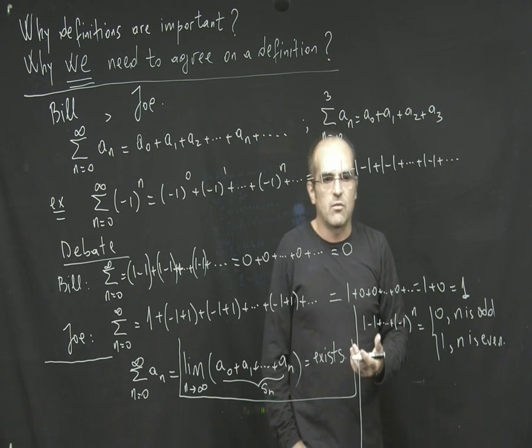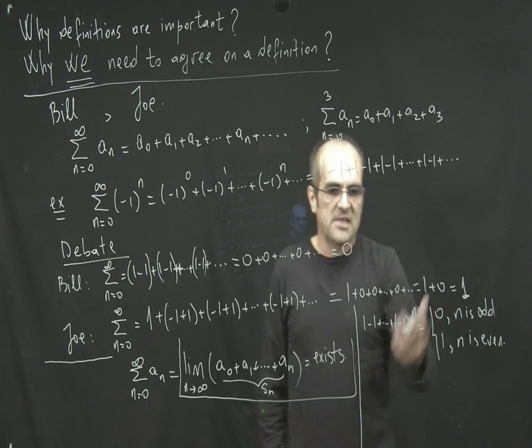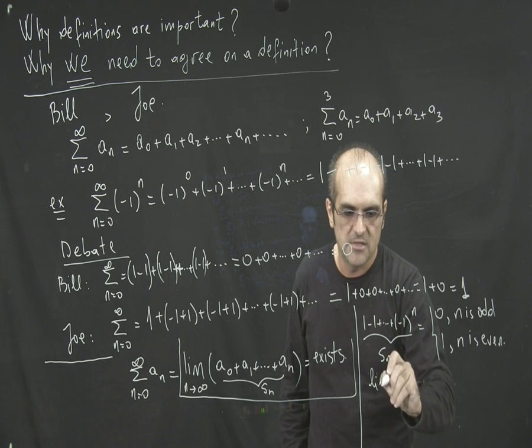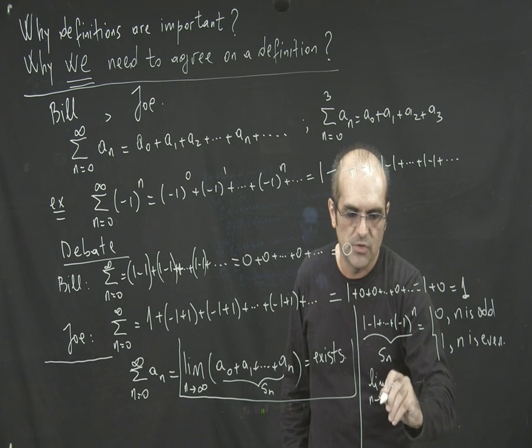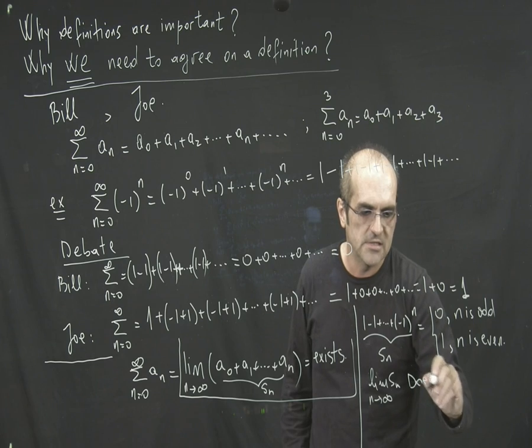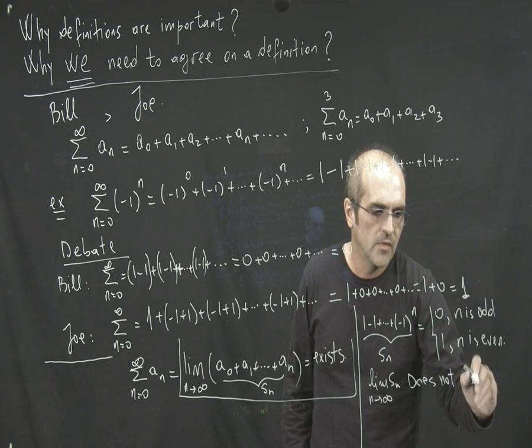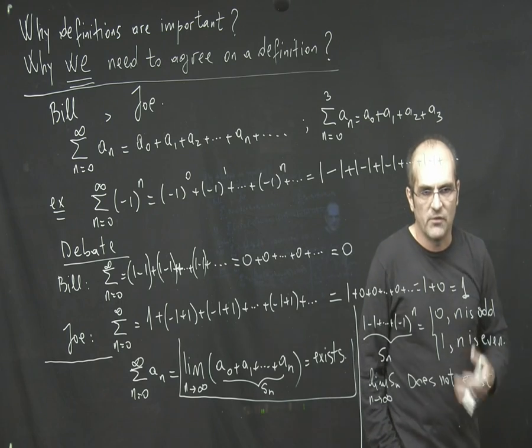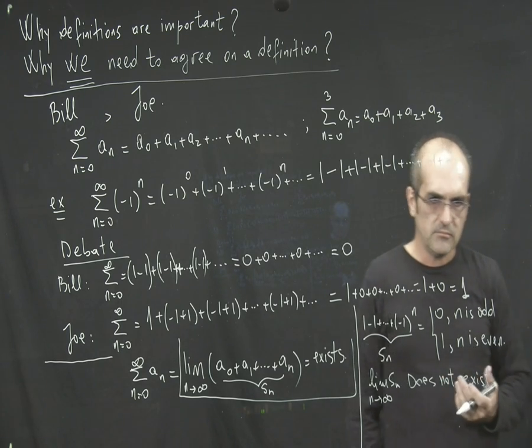So we know from calculus 1 that in this case, obviously, the limit, so if this is Sn, the limit of Sn as n goes to infinity does not exist. And so obviously then we don't have the concept of an infinite sum in this case.